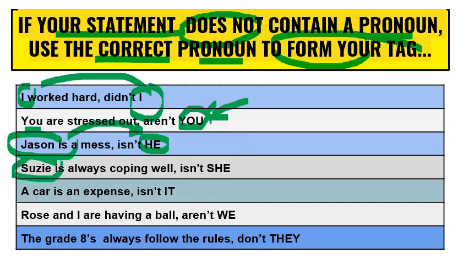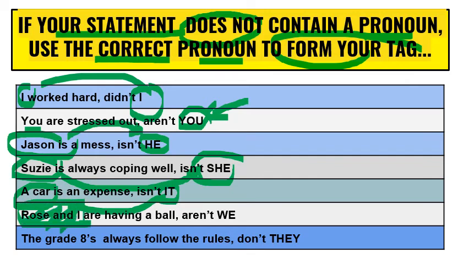Susie is always coping well, isn't she? Or a car is an expense, isn't it? Or Rose and I, here I have a plural subject. Rose and I are having a ball, aren't we?